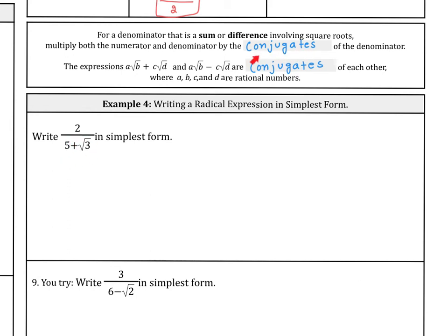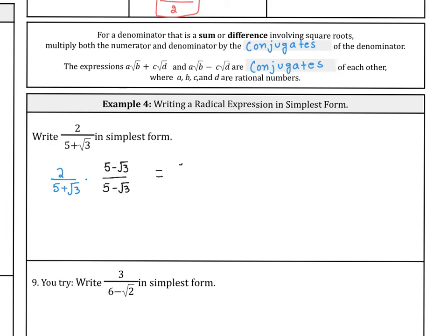So let's do example number 4 and see how we can remove the radical symbol from the bottom by using conjugates. So now I'm going to rewrite this problem, 2 over 5 plus square root 3, and I'm going to multiply its conjugate on top and bottom. The conjugate of 5 plus square root 3 is 5 minus square root 3, and I'm going to multiply it on top and bottom.